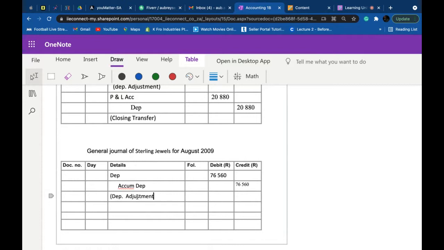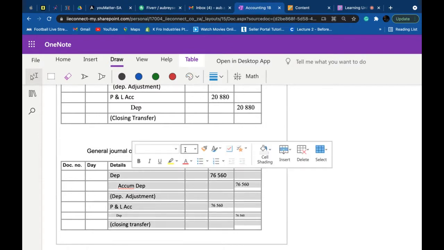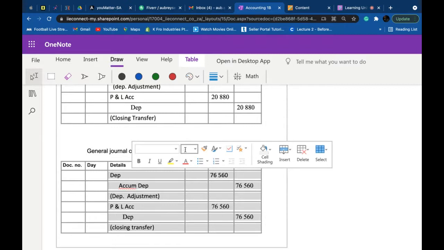You're raising your hand. Okay, and then here we're closing it off. Profit and loss is debited. Everybody happy?